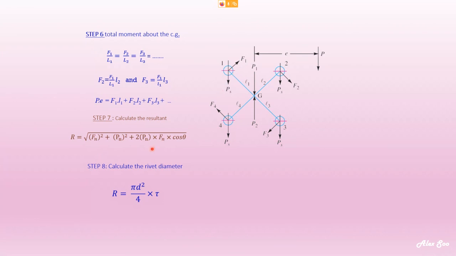So from there you have to choose between R1 to R4, which one is the greatest, which one is the maximum, to design the diameter of the rivets. Okay, hope you understand. And that's for this section.